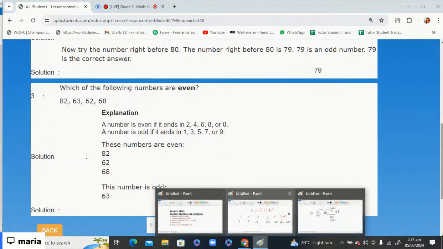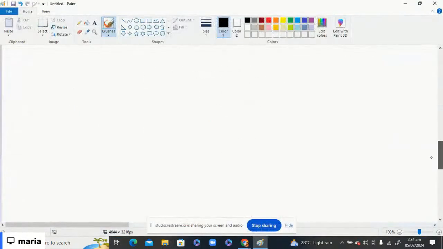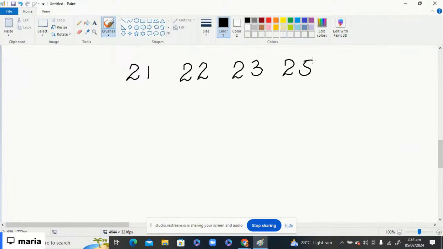Okay, for example, if I write it down here, which numbers are odd? Tell me everyone, check it out and then tell me.